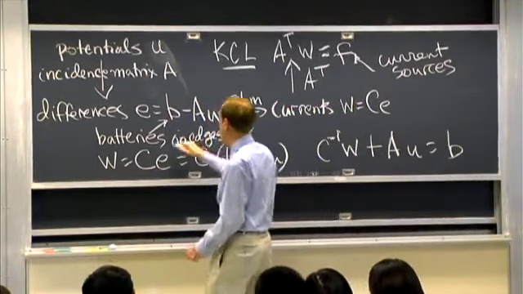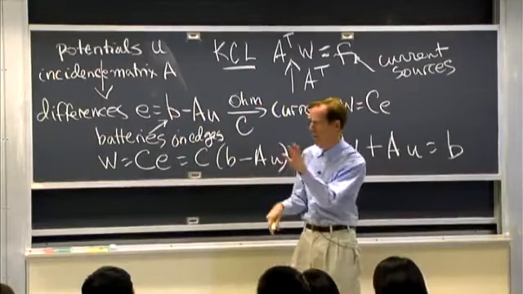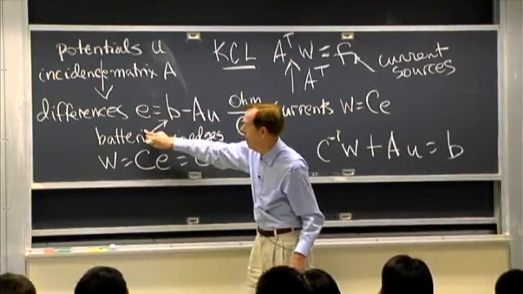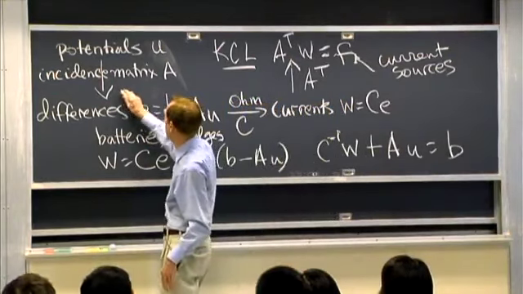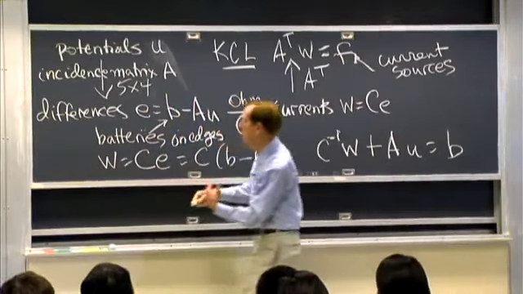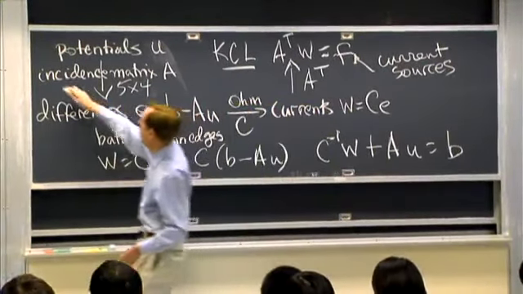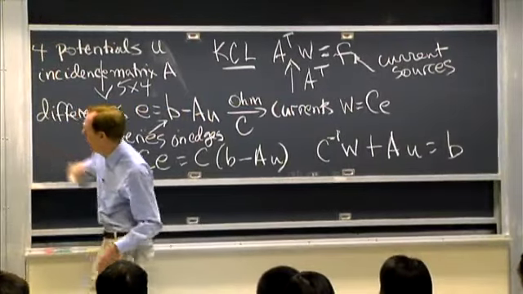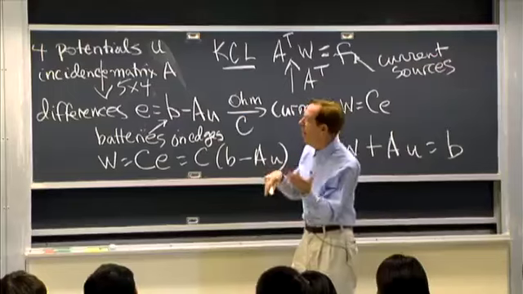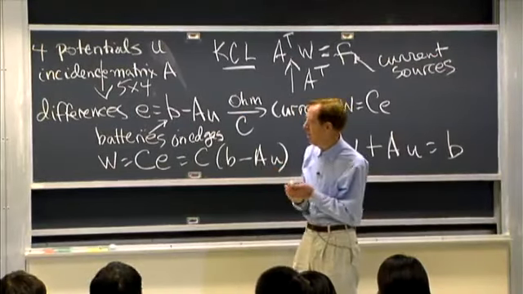B has length 5. There are 5 edges. This is a vector of length 5. This matrix A, you remember, was 5 by 4. It produced from 4 inputs, from 4 potentials at the 4 nodes, AU, 5 potential differences.